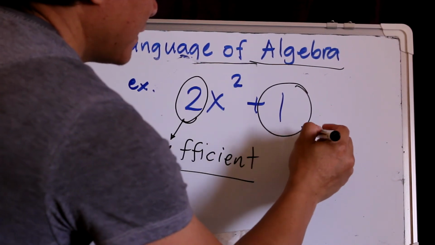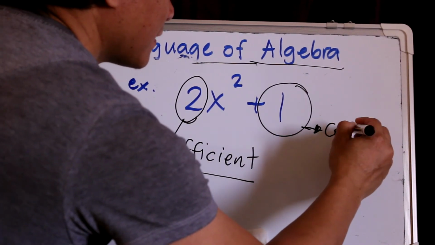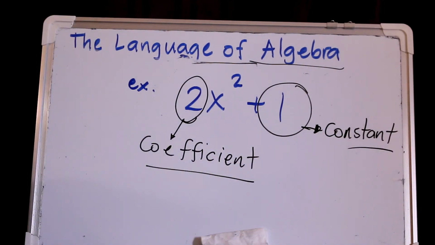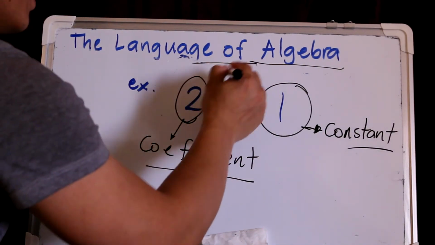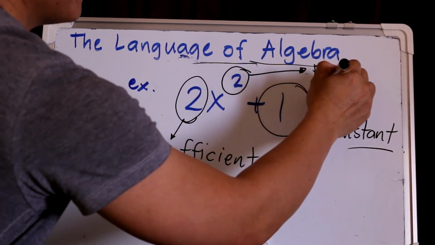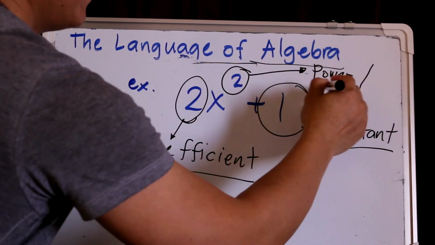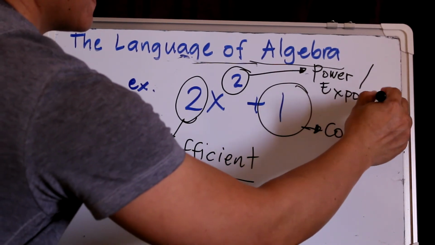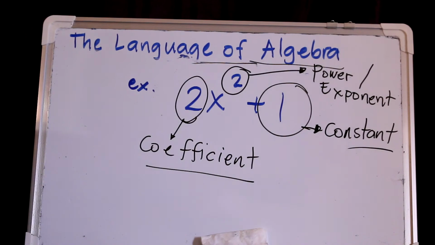The one right here is called the constant. The 2 is known as the power, or you can say exponent. The laws of exponents, if you could remember them, we are going to apply also in algebra.